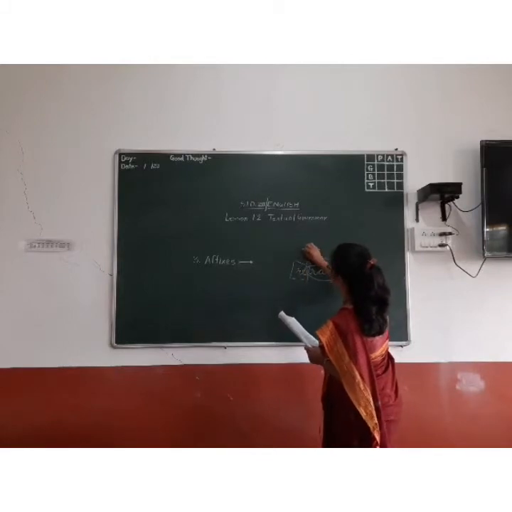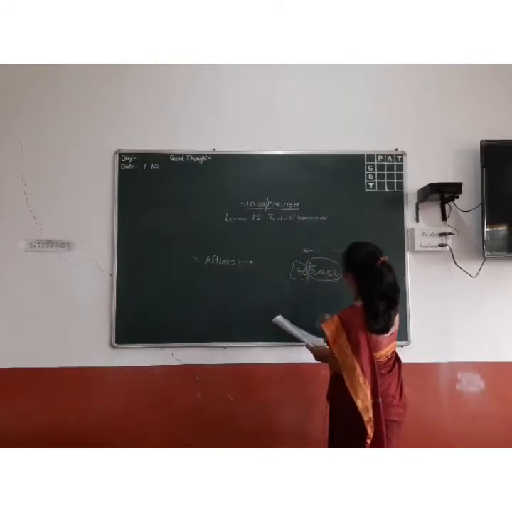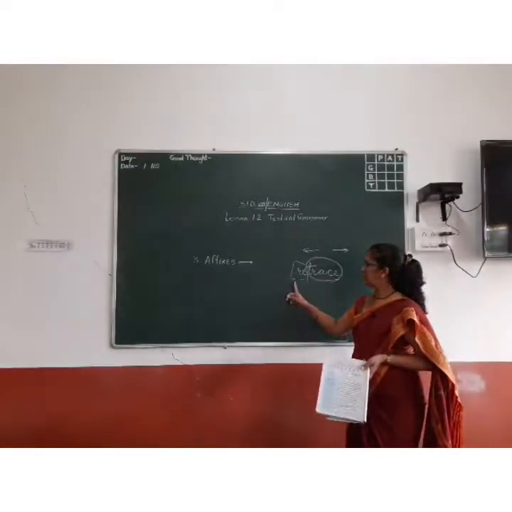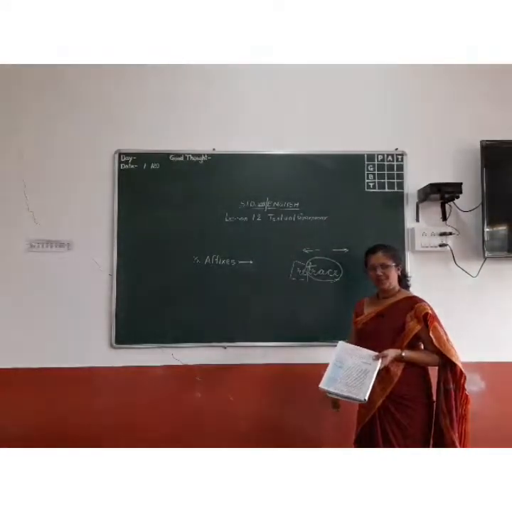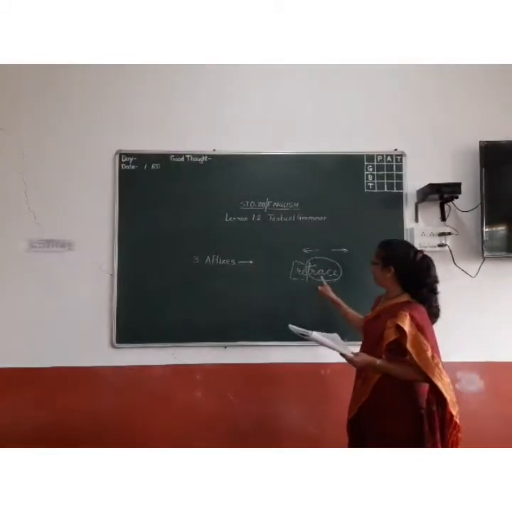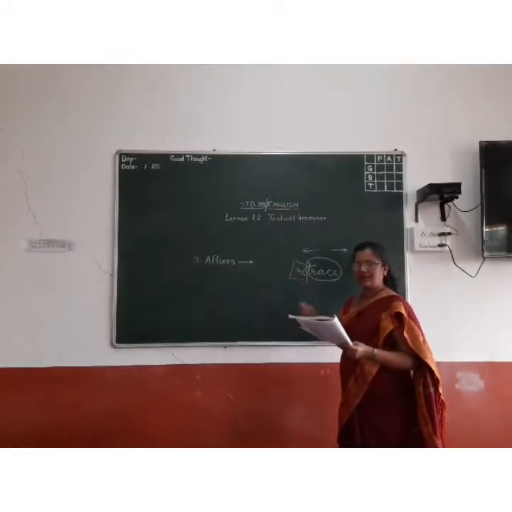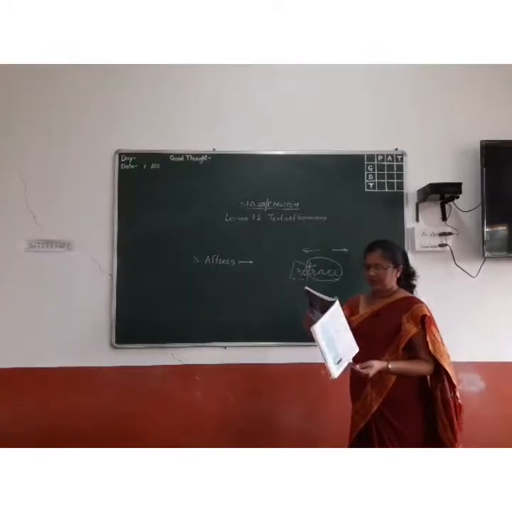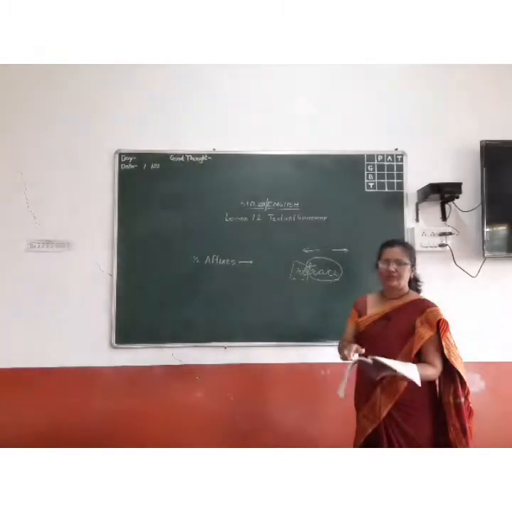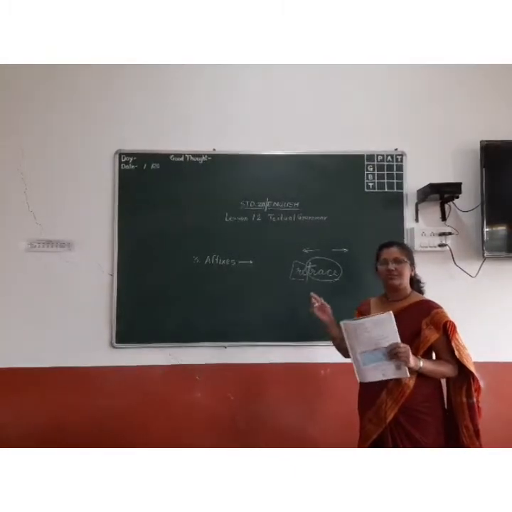Now check out the place whether it is before or after. It's before the word and hence it is prefix. Okay, it's not a suffix. So trace is the root word, re is the prefix used. Then mouser, root word is mouse and suffix is added.